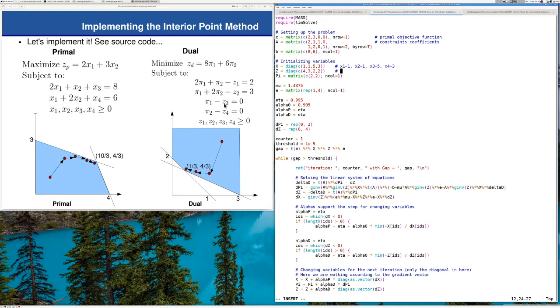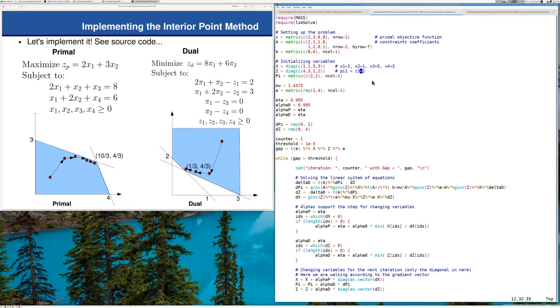We know z3 is equal to pi 1, and z4 is equal to pi 2. You can notice that pi 1 is 2 and pi 2 is 2 as well. So we decided to call pi 1, which is equal to z3, and this is equal to 2.